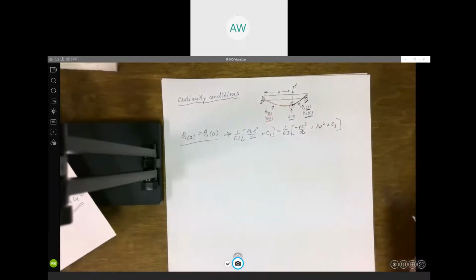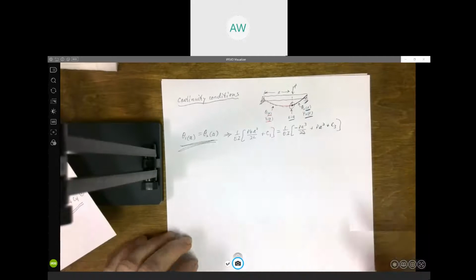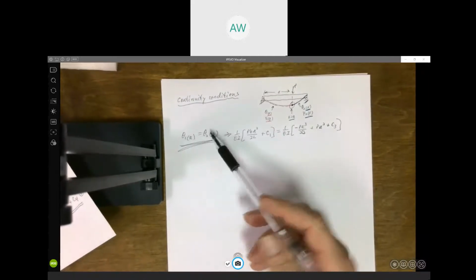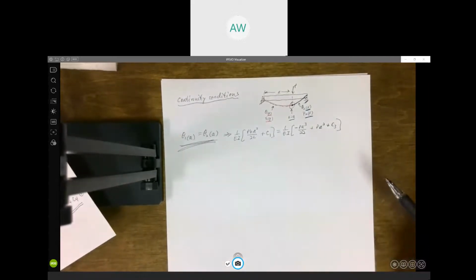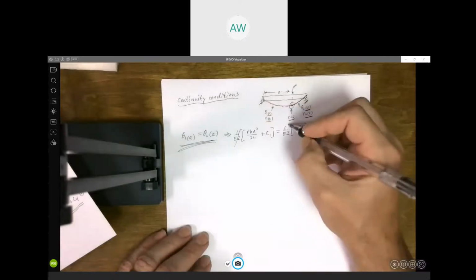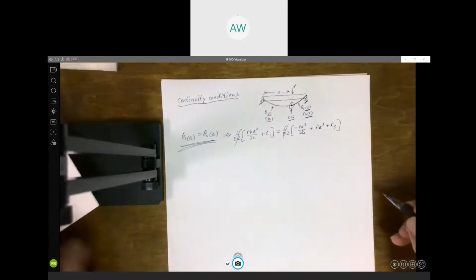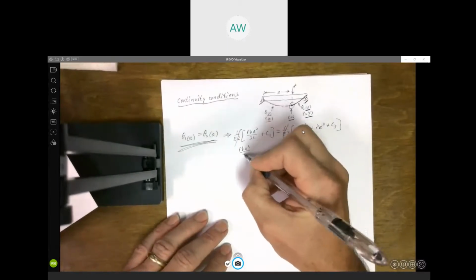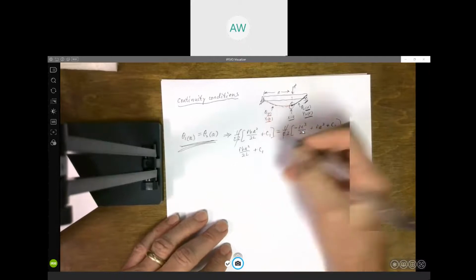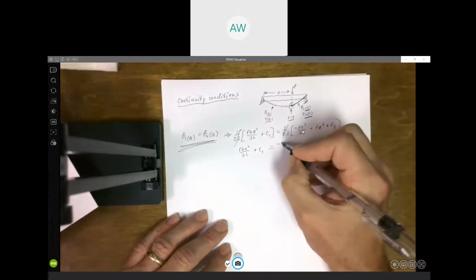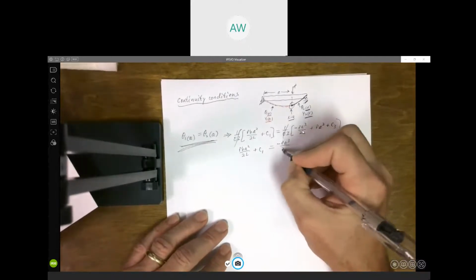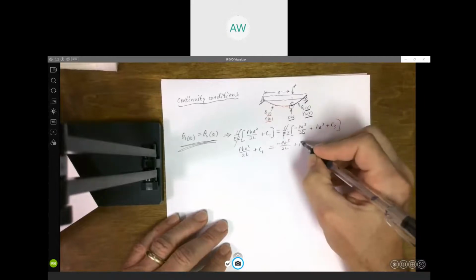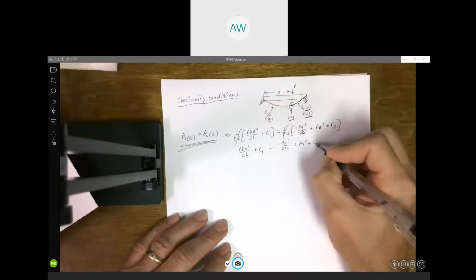Is everybody following with me? What I did was just plug x equal to a in those two equations and set them equal to each other. Well, we can cancel the 1 over EI. And I've got this equation: PBa squared over 2L plus C1 has got to equal minus Pa cubed over 2L plus Pa squared plus C3.